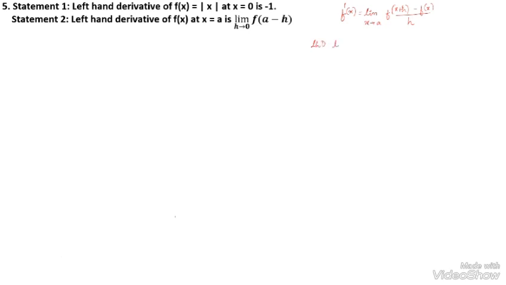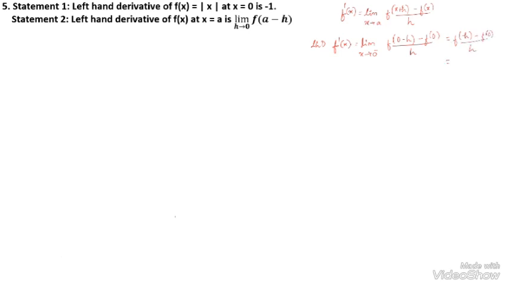Now I can take the left hand limit, the left hand derivative, that is f dash of x at x equals 0. In place of a, I can take x tends to 0 minus, because we have the left hand limit, f of 0 minus h minus f of 0 divided by h. By the definition, 0 minus h, that is f of minus h minus f of 0 divided by h.